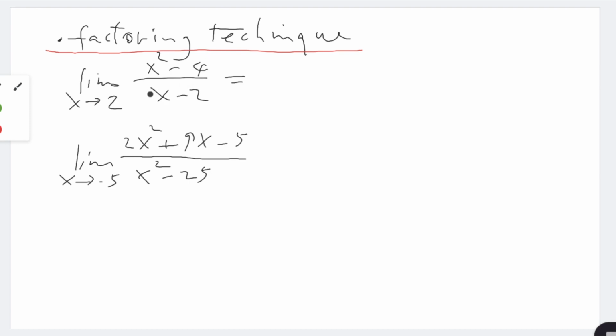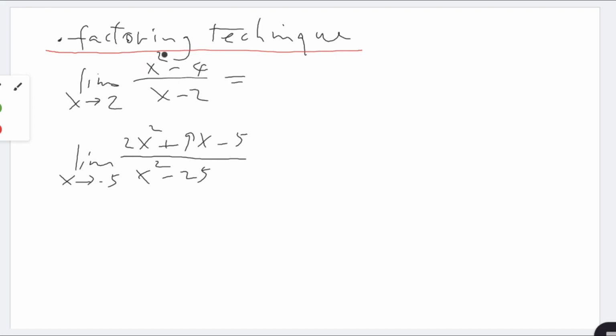We're talking about a zero factor, or troublemaker, or trouble factor. In this limit, when x goes to 2, this becomes 0, so x minus 2 is a trouble factor. And for that matter, when x goes to 2, the numerator becomes 0 too. 2 squared minus 4 is 0. So it's guaranteed: x minus 2 is a trouble factor contained in this expression.